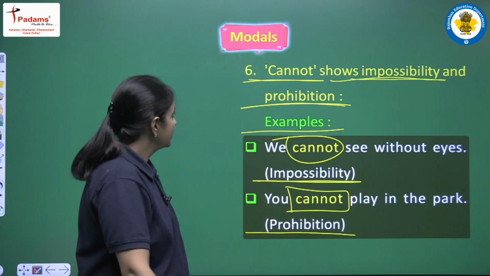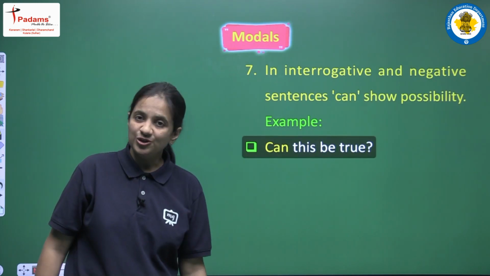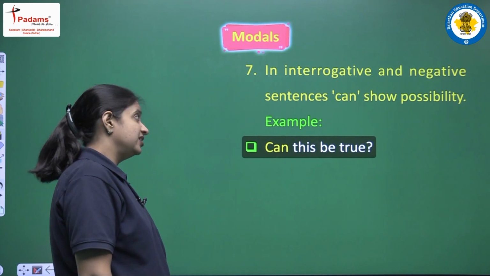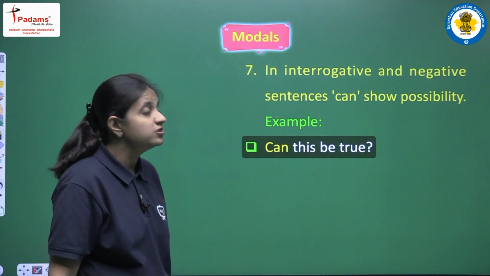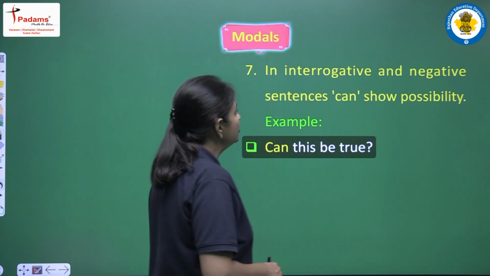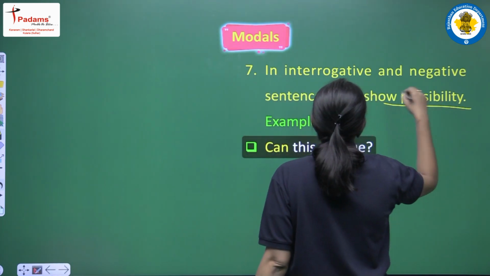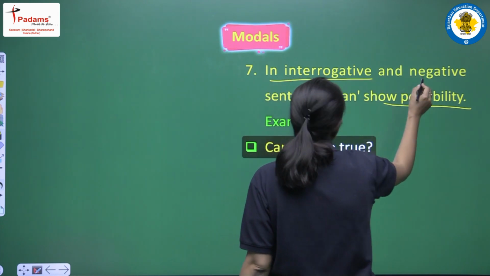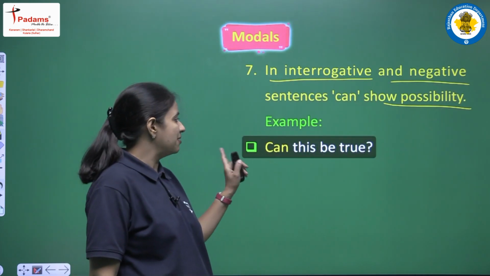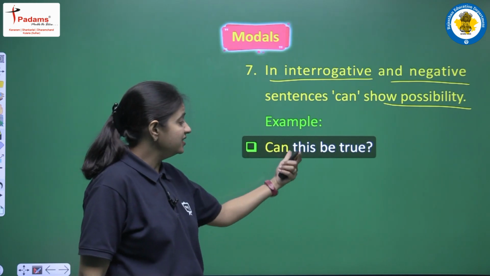Okay. Next we have one more use of can. So let's read. In interrogative and negative sentences, can shows possibility. So yes, this modal is also used to show possibility if the sentence is an interrogative or a negative one. Let's see the example. The sentence is, can this be true?